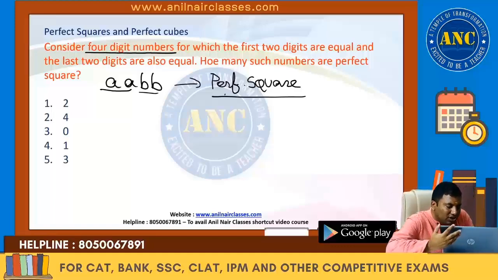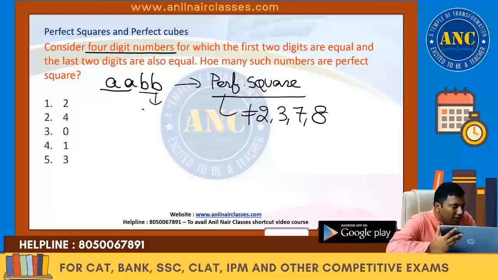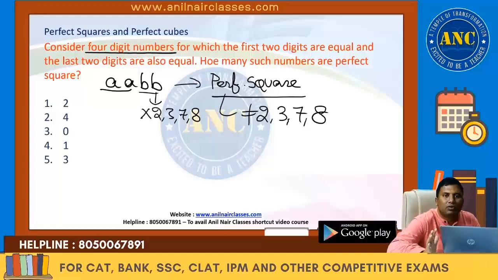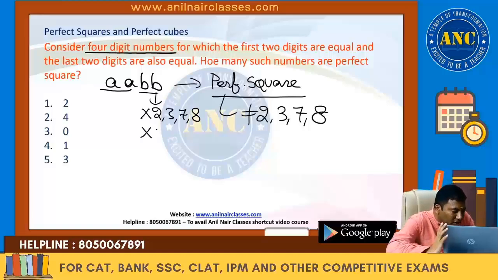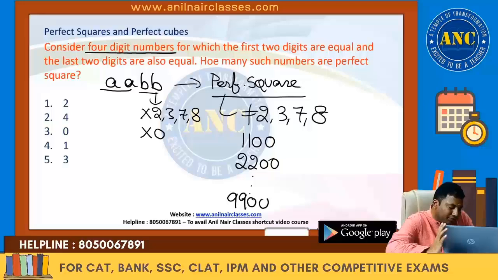Very easy logic. A perfect square never ends with 2, 3, 7 or 8. So for B, 2 is out, 3 is out, 7 is out, 8 is out. Are you all with me? Right. Now 0 is also out, because if it is 0, it will become 1100, 2200 and 9900.